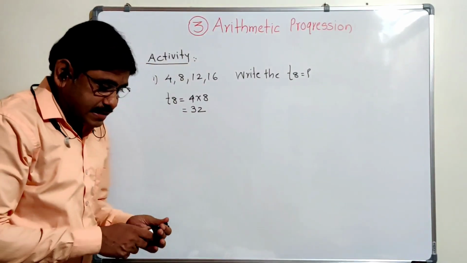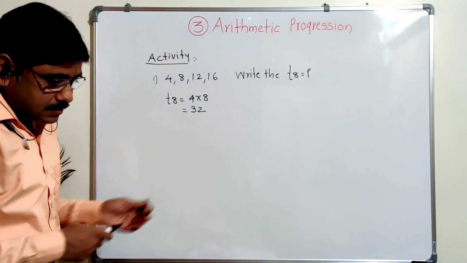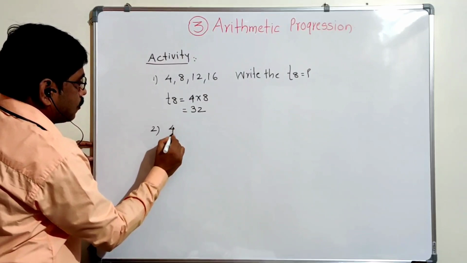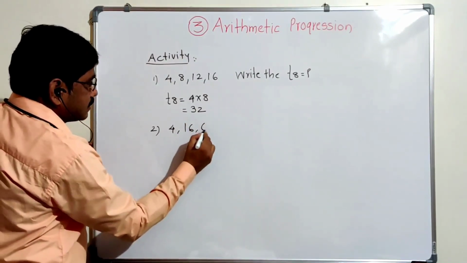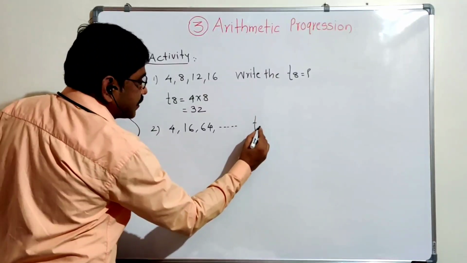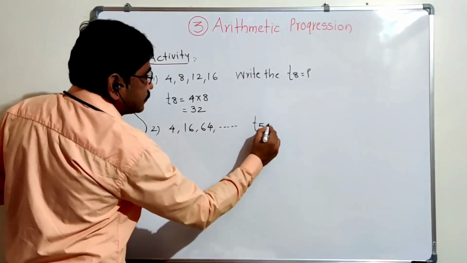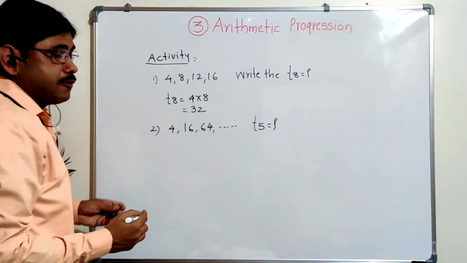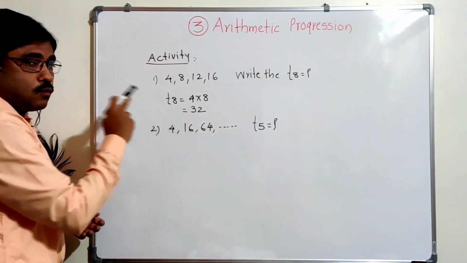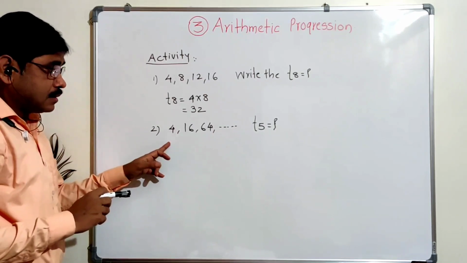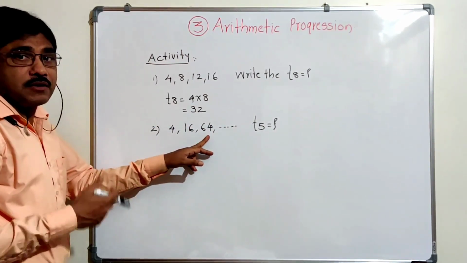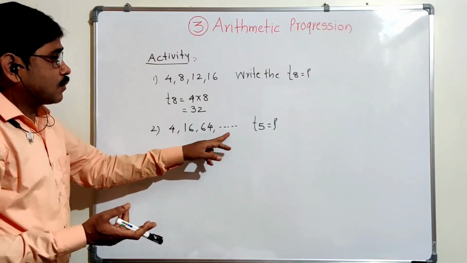Let us see one more example. Second: 4, 16, 64, and so on. Then write T5. How can we find T5? Here 4 raised to 1, the position number, 4 raised to 2, n is equal to 2, n is equal to 3 because third term, then 4, then 5.